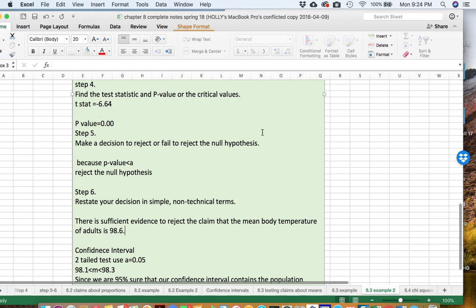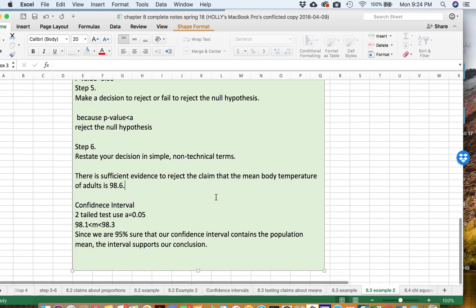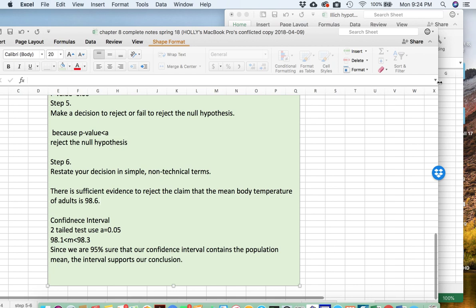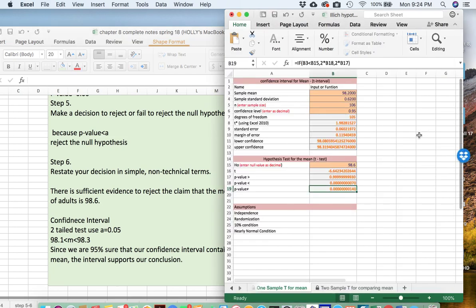And you can also notice on your calculator that you're given a confidence interval. The 0.95 confidence level is fine for the confidence interval since this is a two-tailed test. We don't need to change that confidence level.